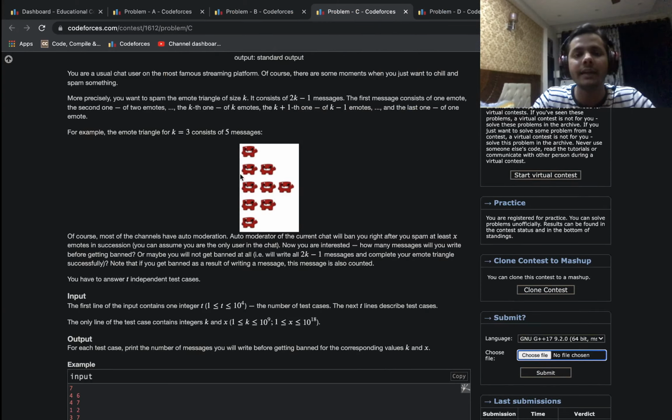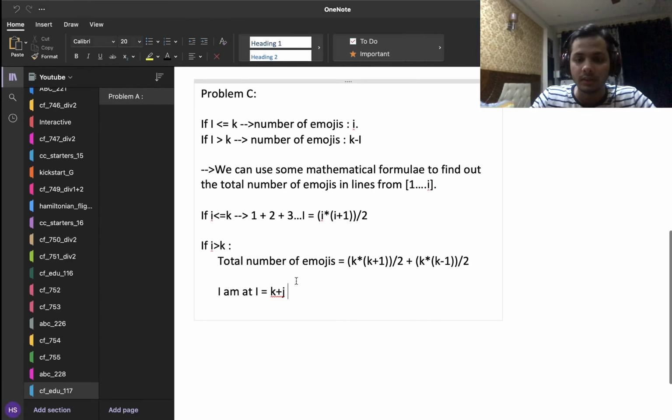Here there are k minus 1 emojis, so you need to sum up all the values from k minus 1 to nothing, because this is the first element. But if you start at k plus 2, then you need to sum up all the values from k minus 2 to k minus 1. And to that you have to add k into k plus 1 upon 2. So your total number of emojis are, obviously, first you have to add k into k plus 1 upon 2.